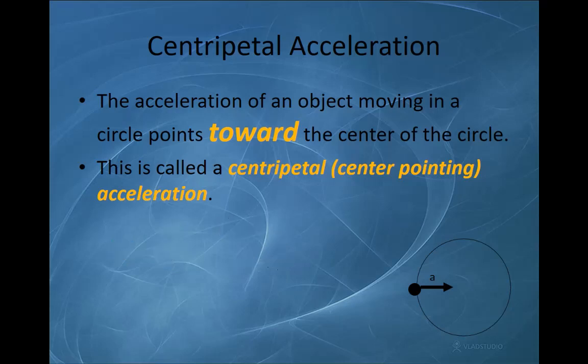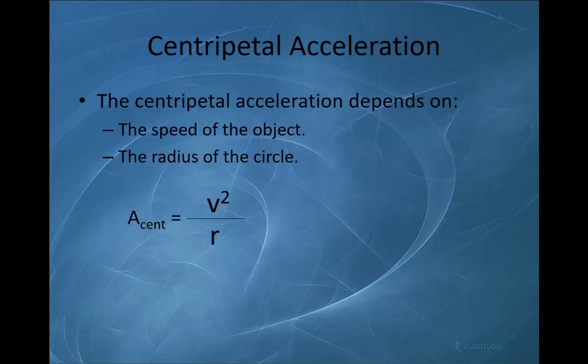So the centripetal acceleration depends largely on two pieces. One, the speed of the object, represented here by v squared, and the radius of the circle. So the farther out you are, that's going to change the centripetal acceleration. And so we can use this to better understand how satellites move around our planet and other things along these lines.